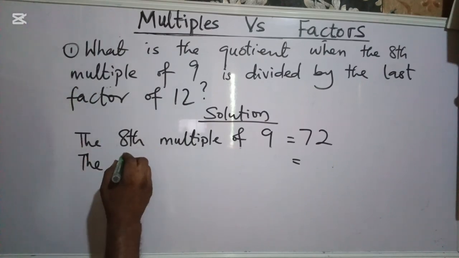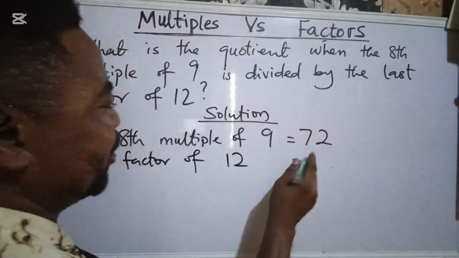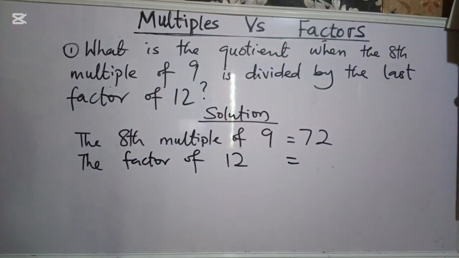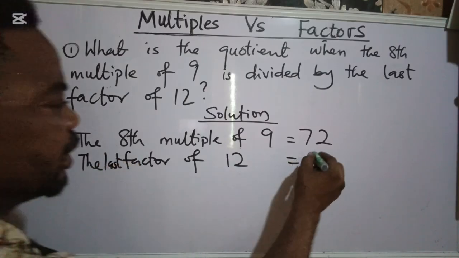The last factor of 12. I said the last factor of every number is that number. So the last factor of 12 is still 12.